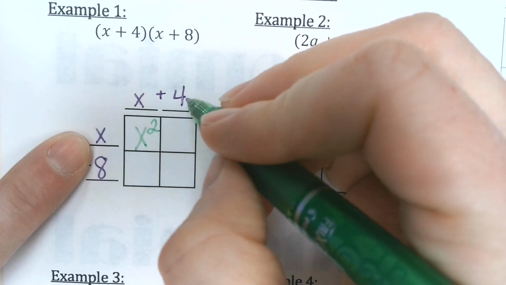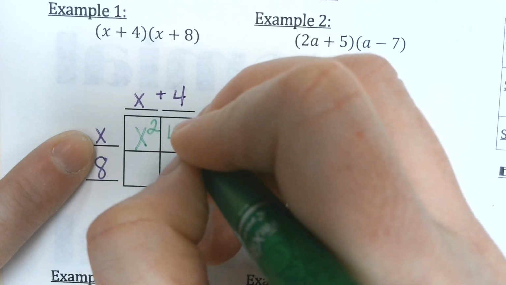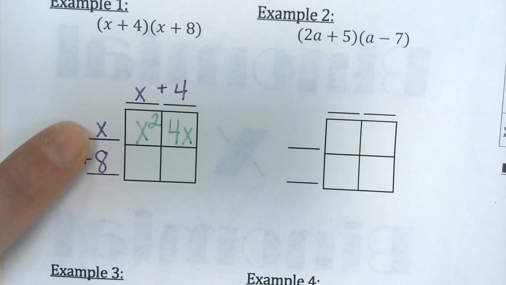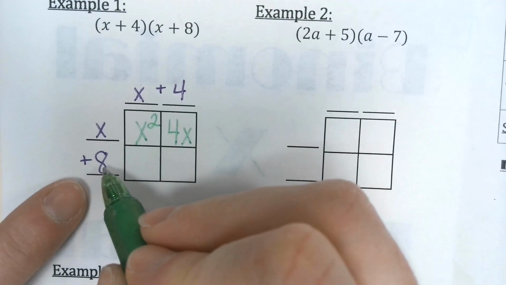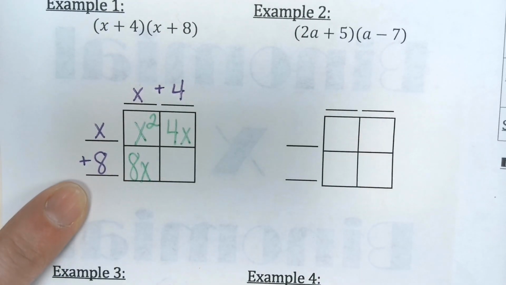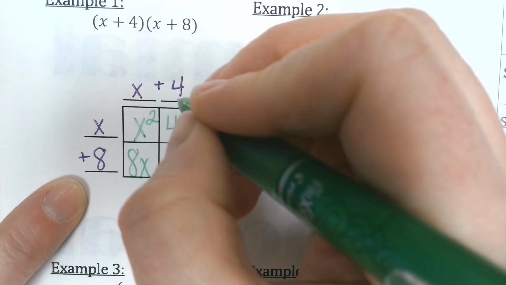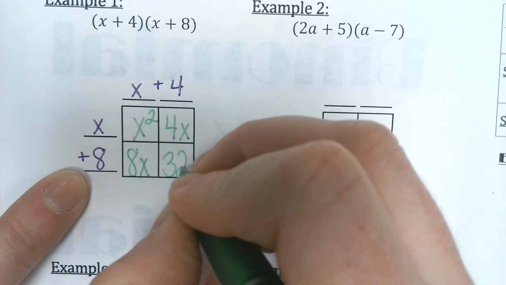Then we have x times 4. It's positive 4x. Then we have 8 times x is 8x. Then we have 8 times 4. It's 32.